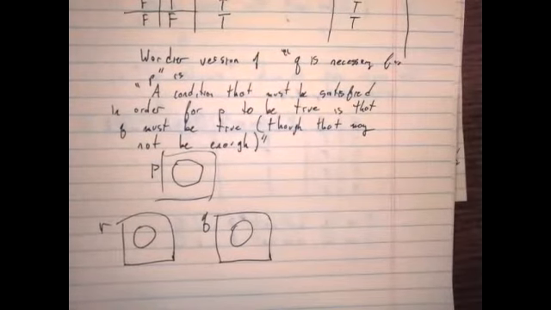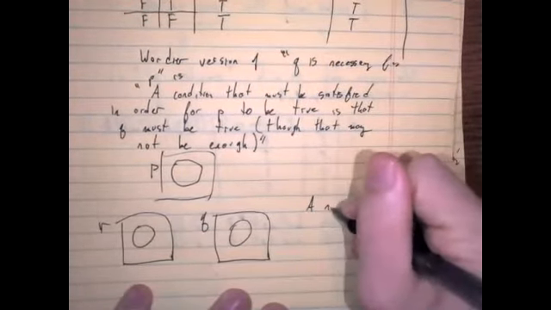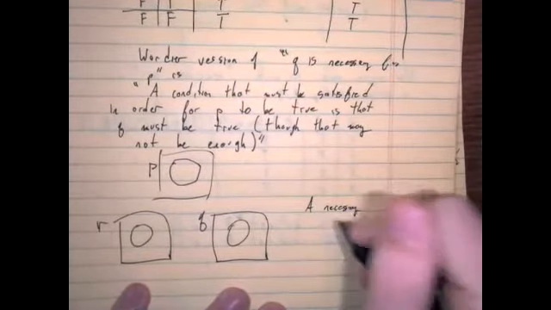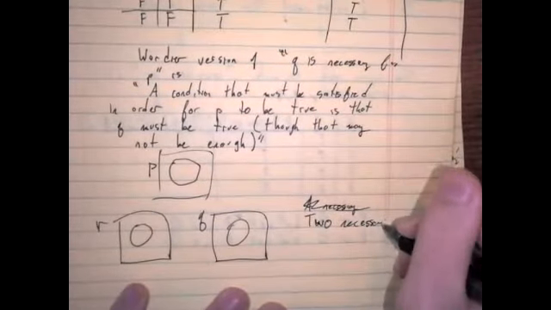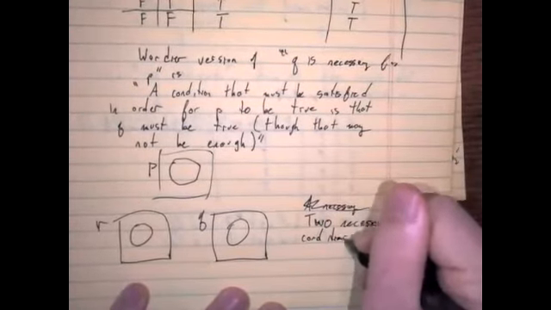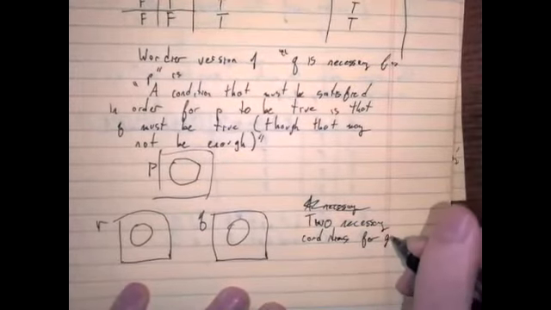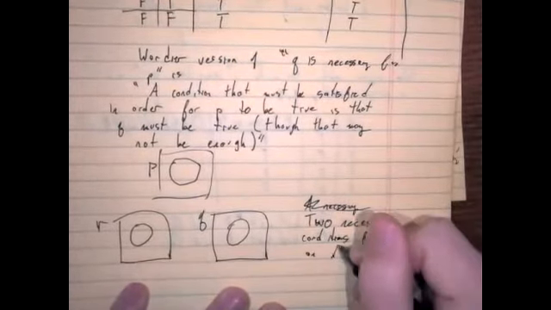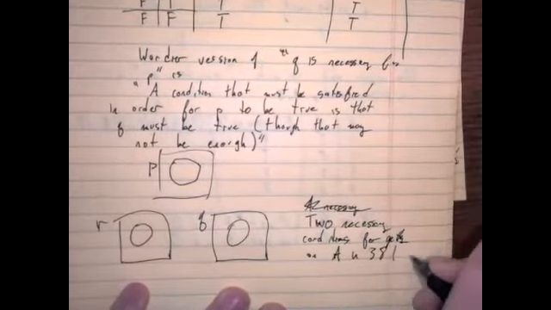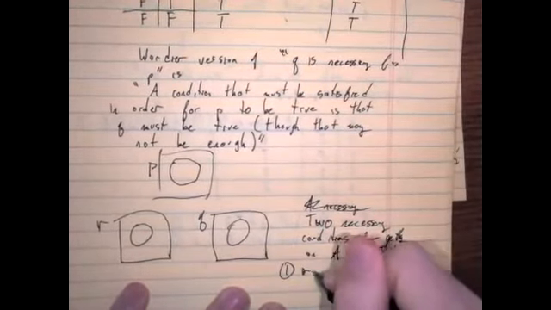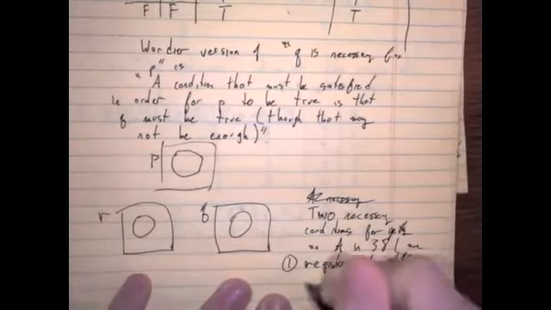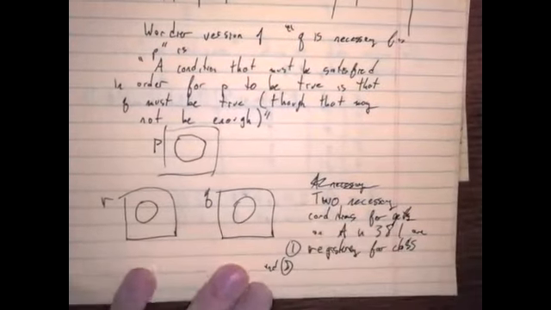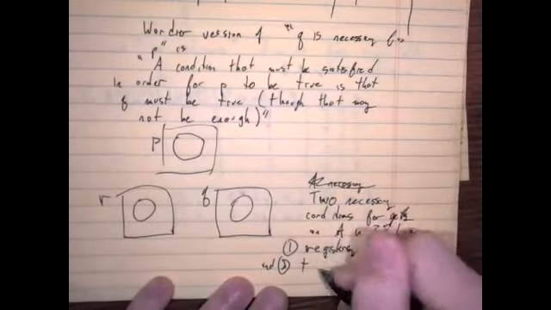For instance, if I want to write a statement, I could say two necessary conditions for getting an A in my class, 381, are 1, registering for class, and 2, taking tests.